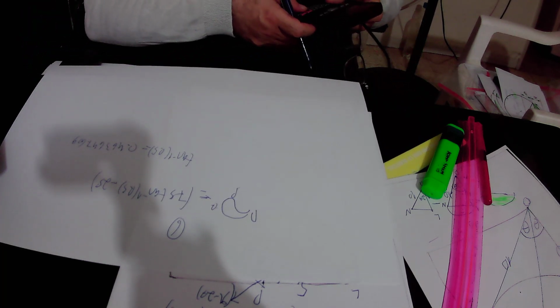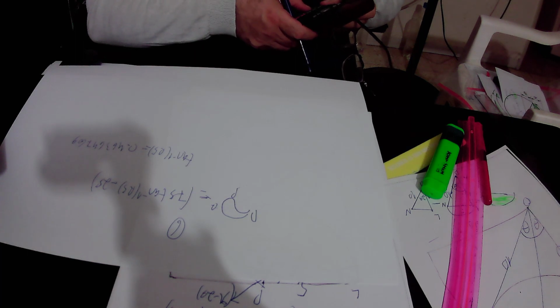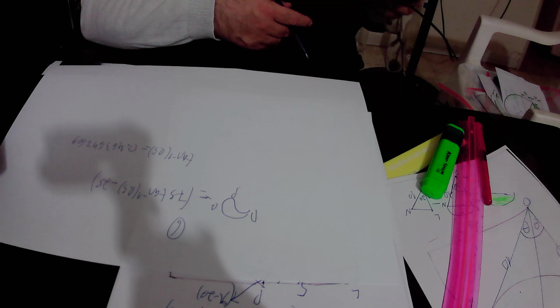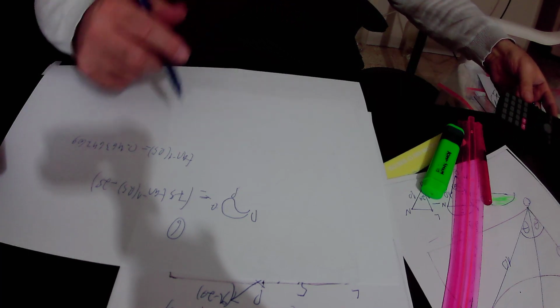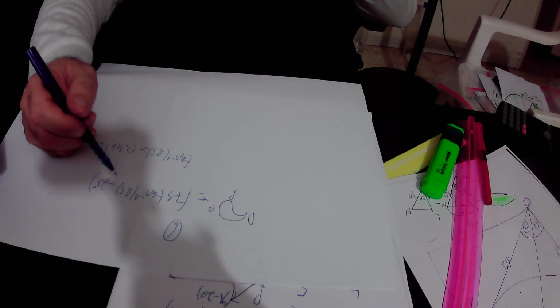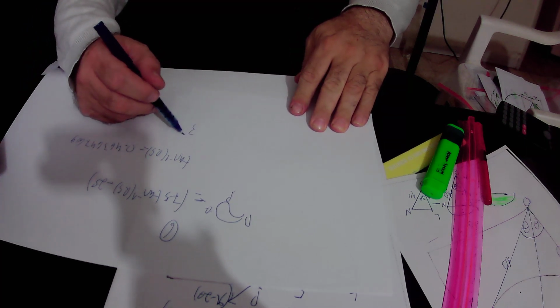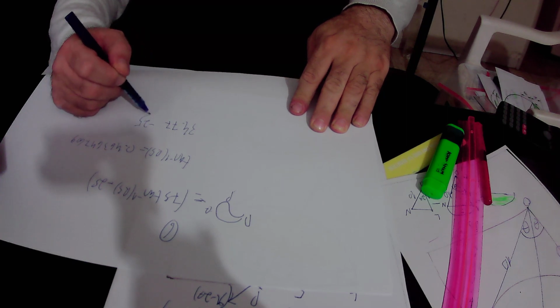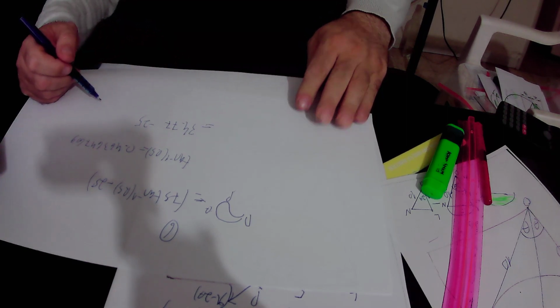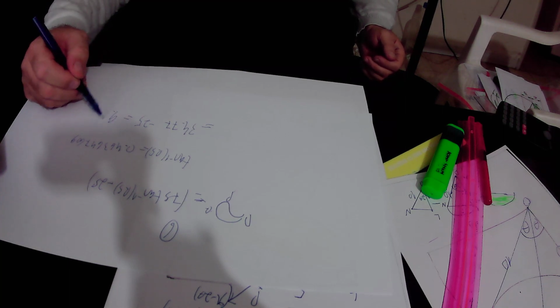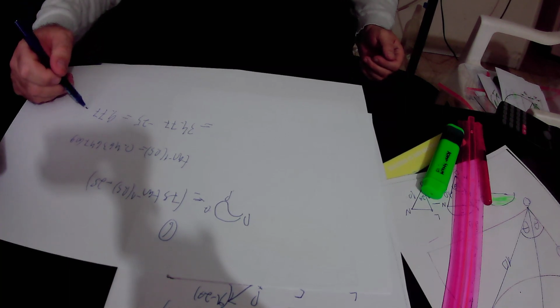So we got 34.77. So here this expression equals 34.77 minus 25. And 34.77 minus 25 is 9.77 square units.